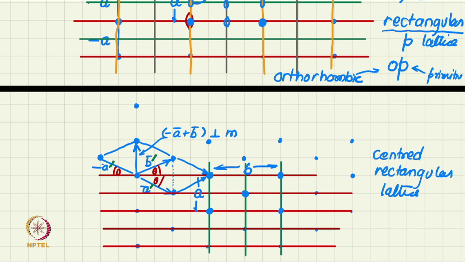A and B are not related, because B is finally A prime plus B prime, and A is finally B prime minus A prime, or A prime minus B prime if I am drawing it downwards.